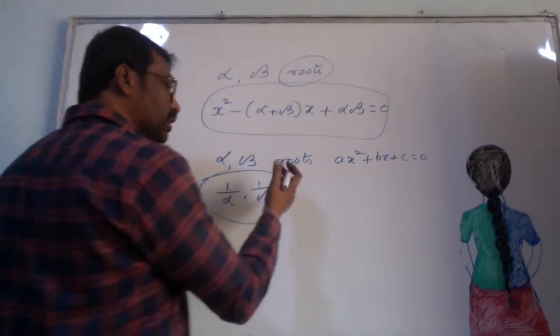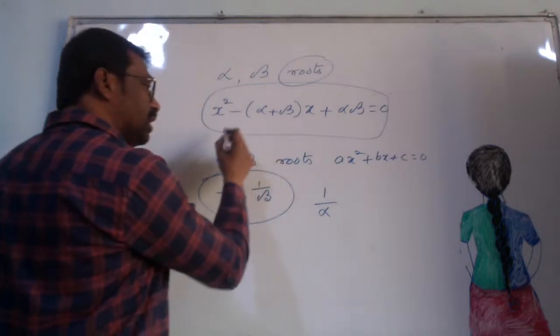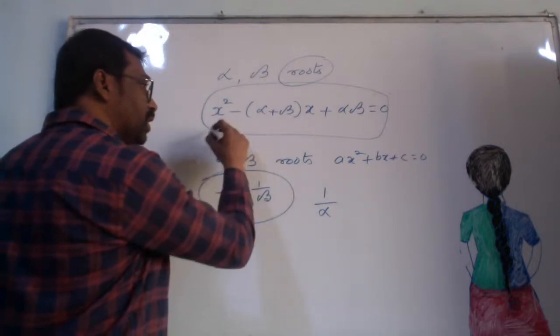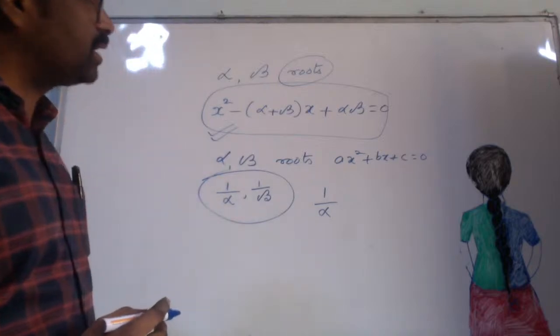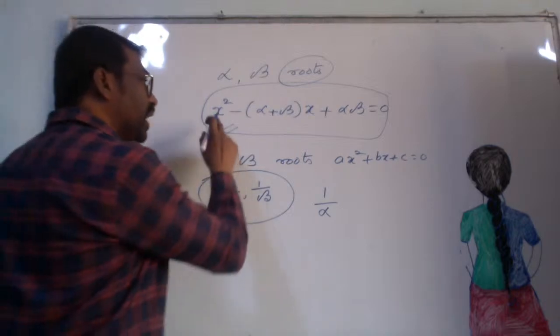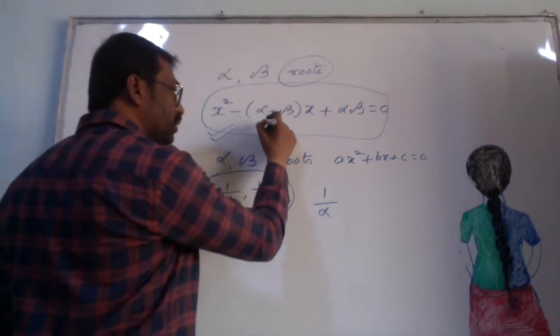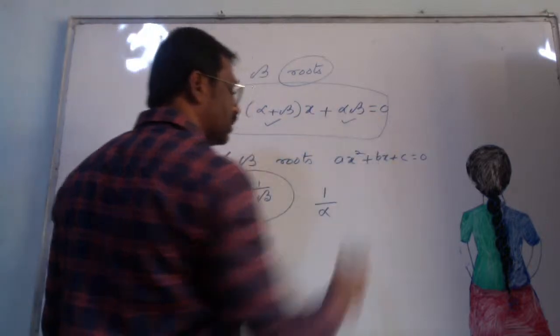To find any quadratic equation when roots are given, you have to use this formula: x square minus (alpha plus beta) into x plus alpha beta equal to 0. So we should find the sum of the roots and the product of the roots.